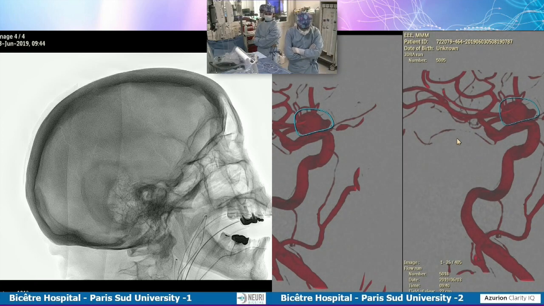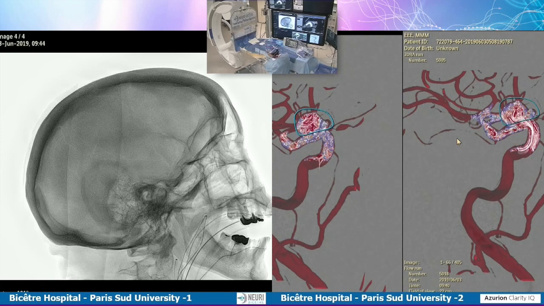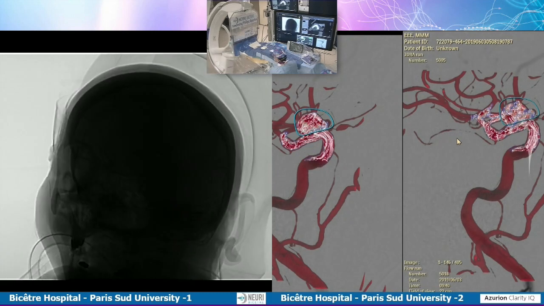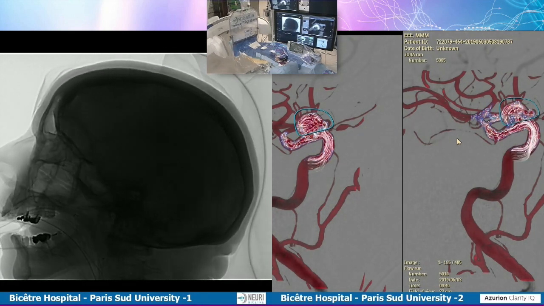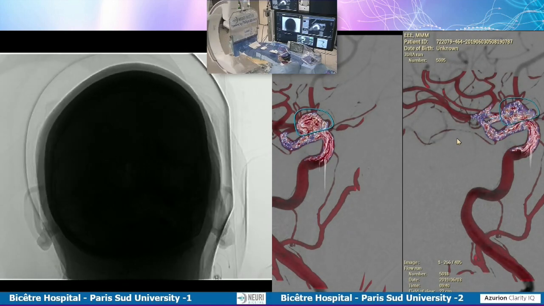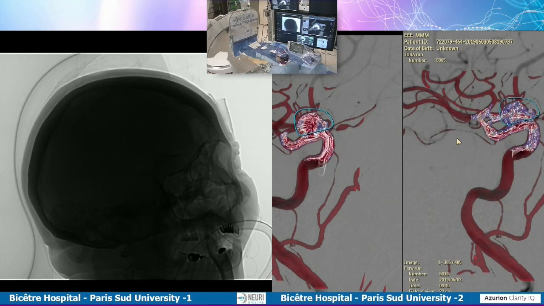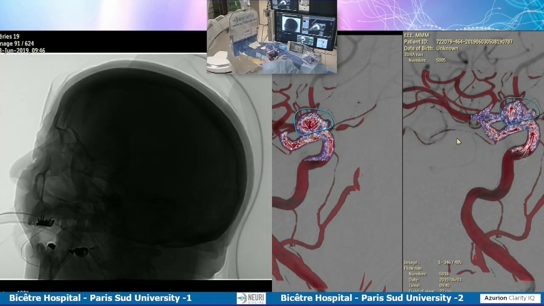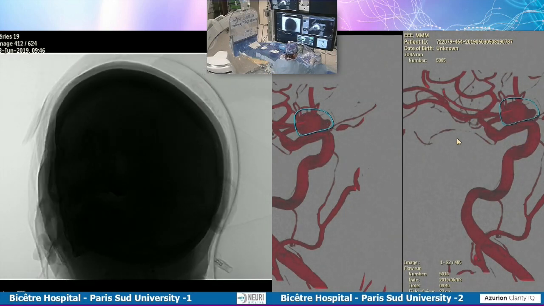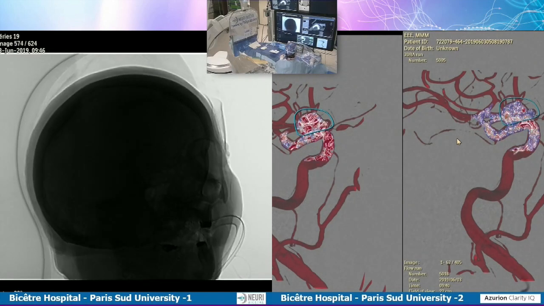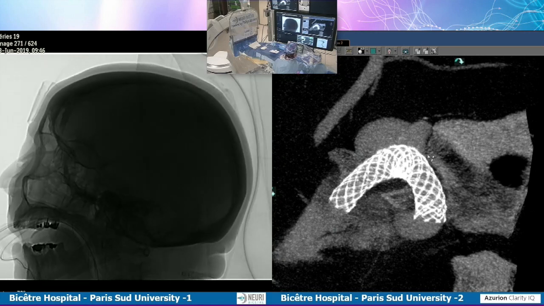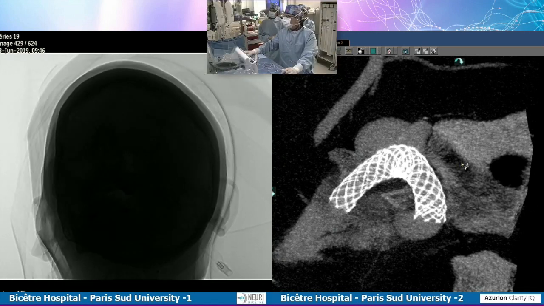Okay. So you see here the acquisition of the final CT, which is also belonging to our protocol. So this is the butterfly movement, as you can see. The gantry is circling in a complex movement around the head of the patient to decrease the artifact for the CT. So you see now the reconstruction of the CT using the butterfly.